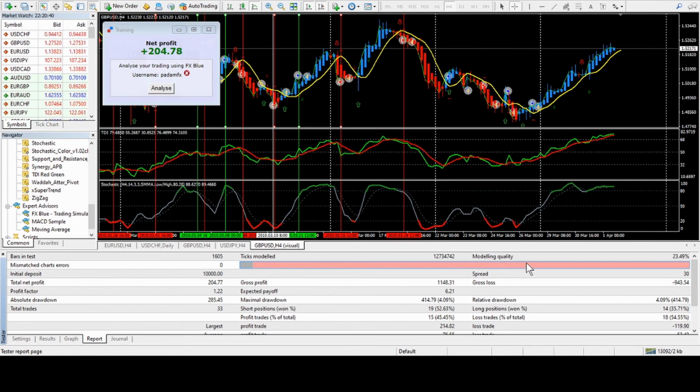From what this is saying, the quality of this modeling is not that great. That's my fault. I didn't download the exact data from the server. So I will improve that as we go along. But for right now, that's about it.